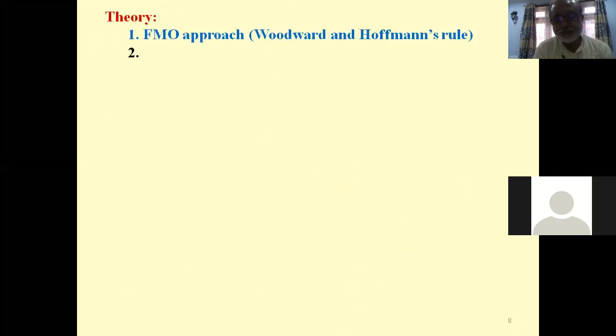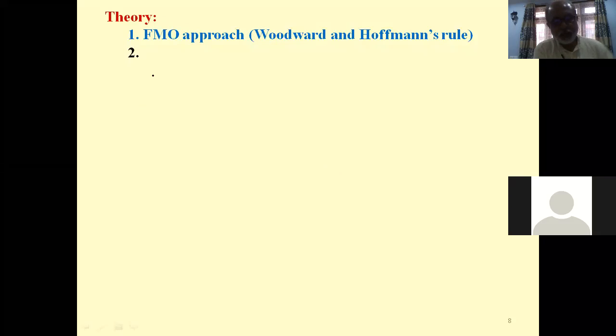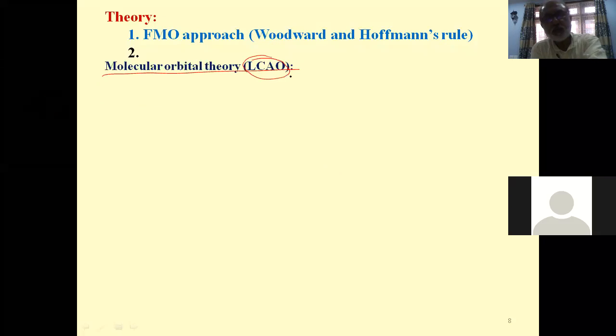The theory will be FMO theory, that means frontier molecular orbital theory. This theory was given by Woodward and Hoffman. But before the theory, we have to understand molecular orbital theory, that means the concept of linear combination of atomic orbitals.